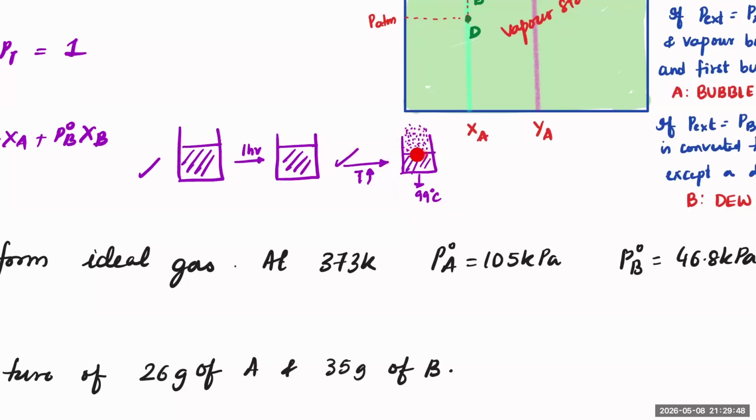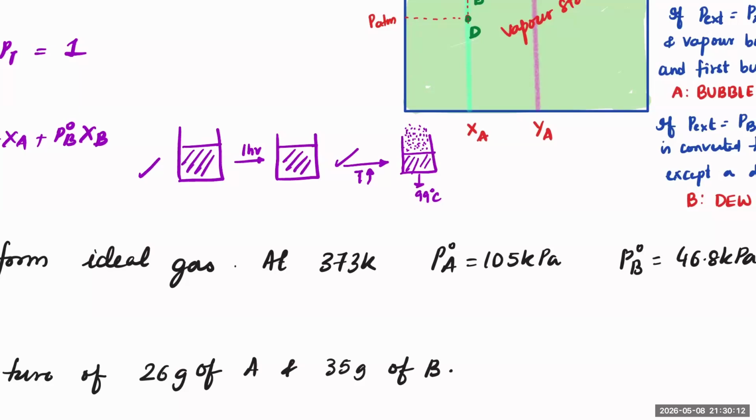Now, why is it that earlier there was hardly any noticeable change, and now a large amount of change is appearing? Because you are very close to the boiling point. When you are very close to the boiling point, you will see a drastic movement of particles into the vapor state.